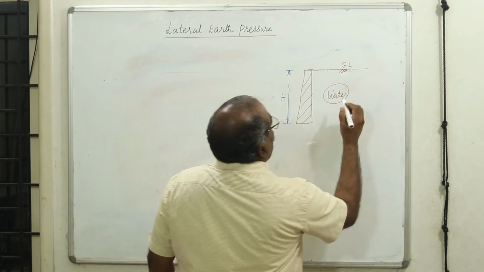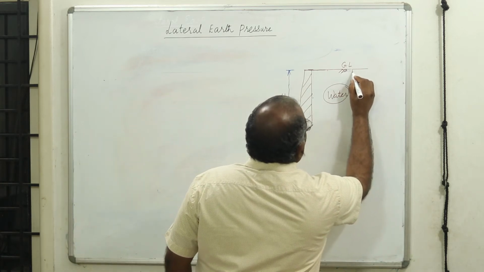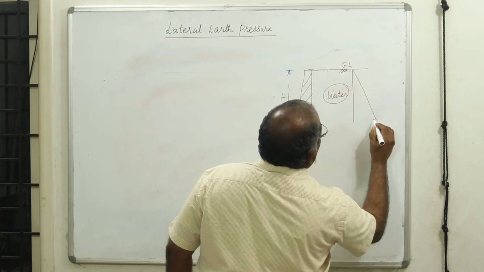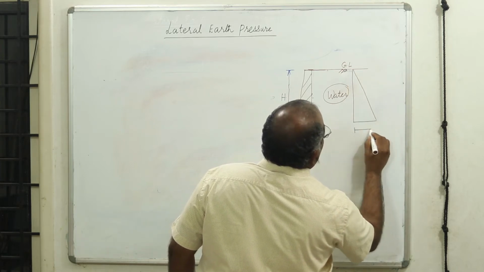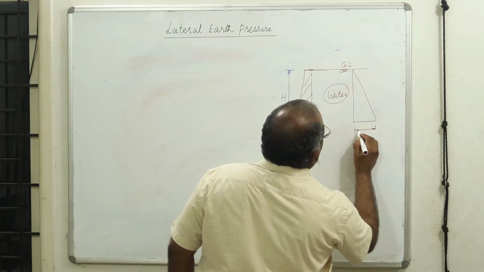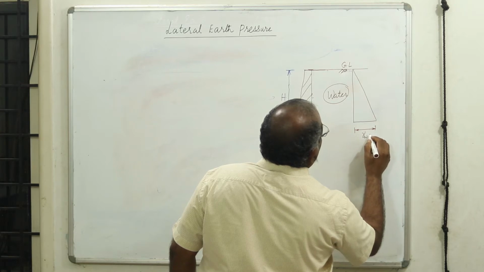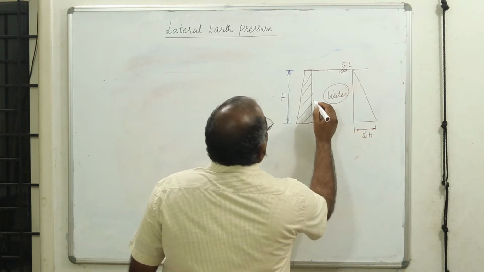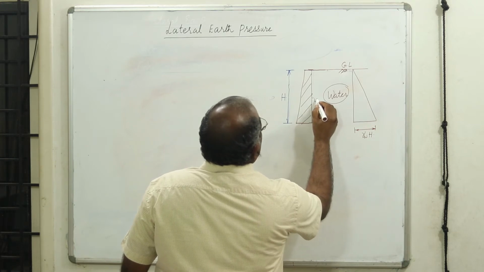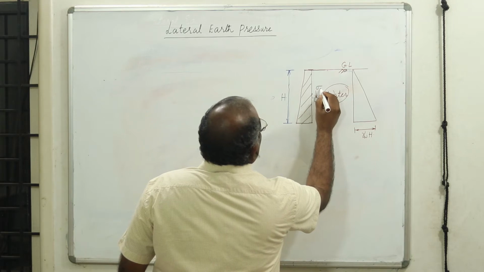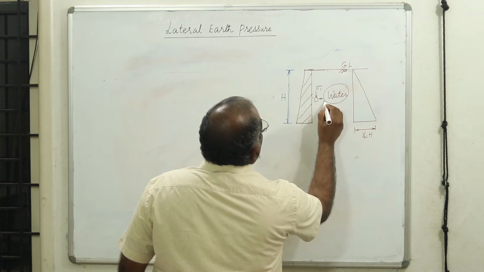Pressure distribution again will be triangular. This will be gamma W into H. Now, if I take any element here, since this will be sigma 1, this will be sigma 3.